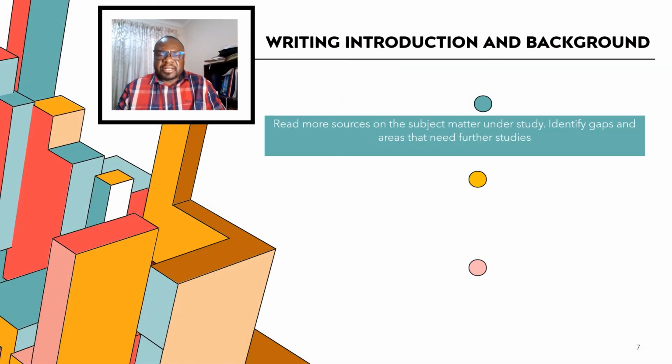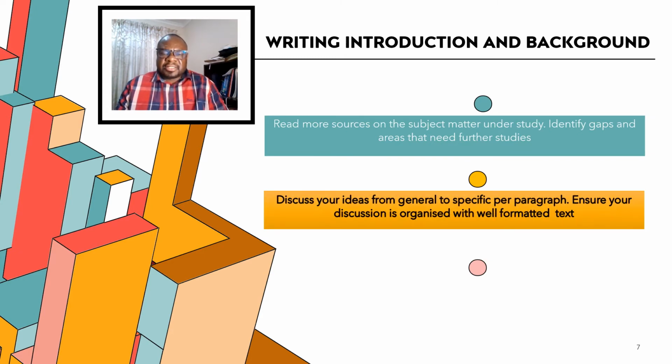The other important thing is that you need to read more sources on the subject matter under study so that you are very sure that you are covering the entire scope about the area of your study, and try to identify gaps and areas that need further studies. Discuss your ideas from general to specific per paragraph.